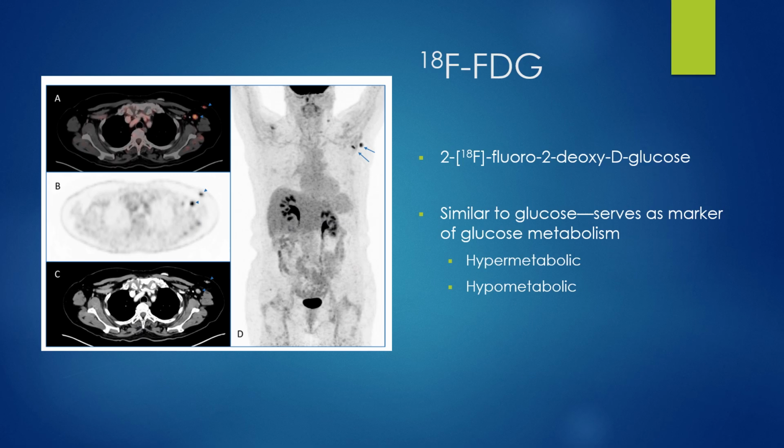So FDG is very similar to glucose in how it behaves in the body, and so it serves as a marker of glucose metabolism. Some types of tumors are hypermetabolic, and you'll see them show up with increased uptake. Others might be hypometabolic in terms of glucose, and in that case, they would take up less of the FDG.